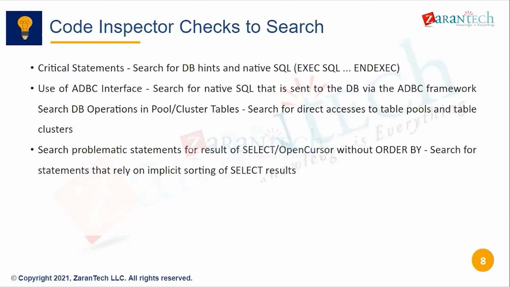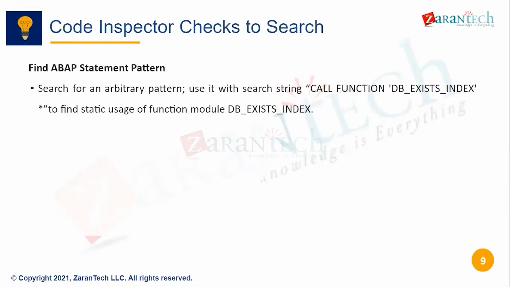It says that you need to follow a few database performance rules in order to improve your report performance on top of HANA. These are the suggestions it provides us, and once we correct all those things, we can confidently say that my custom report which I have built will definitely work on top of SAP HANA once it is migrated. That's the confidence this tool gives us.